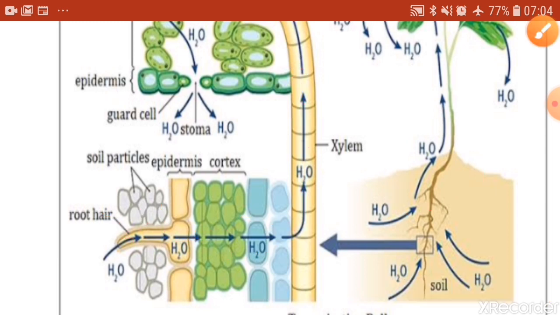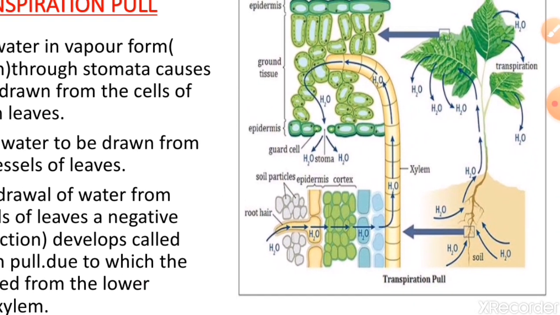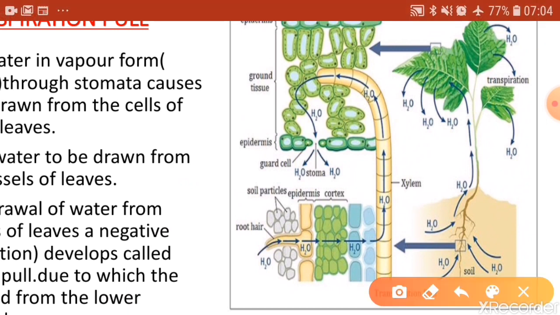So this is a continuous process, and this is how transpiration helps in absorption of water and minerals. Transpiration not only helps in the upward movement of water and minerals, it also helps in absorption.